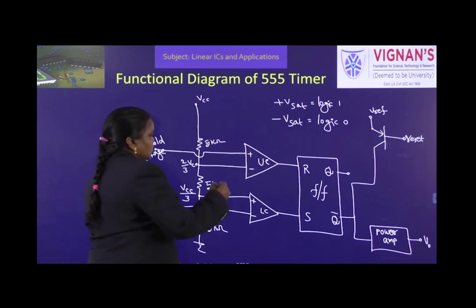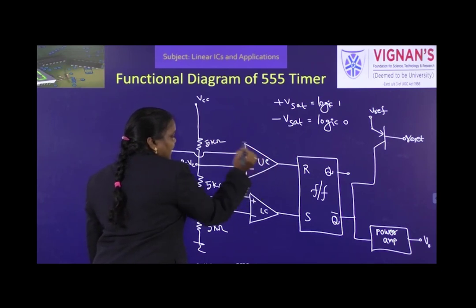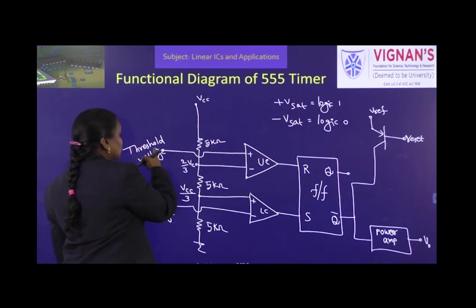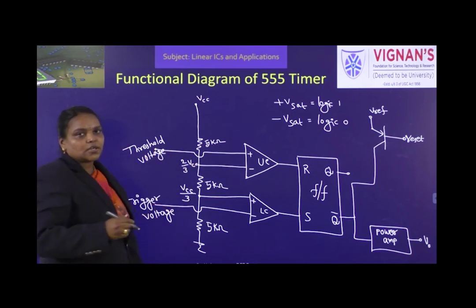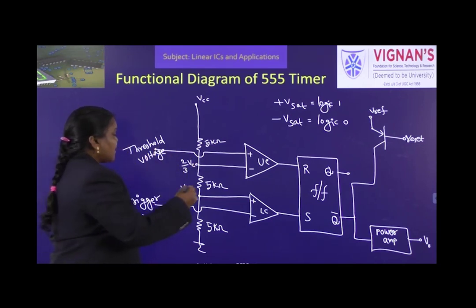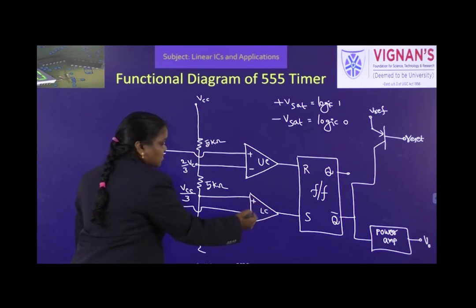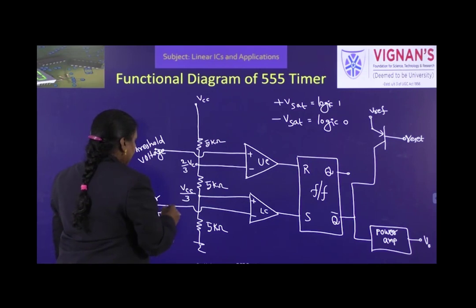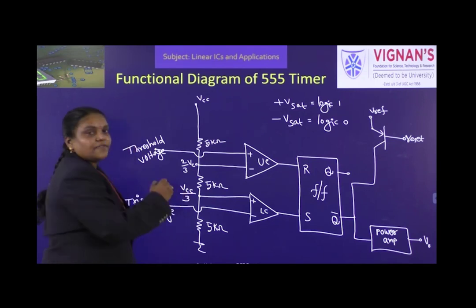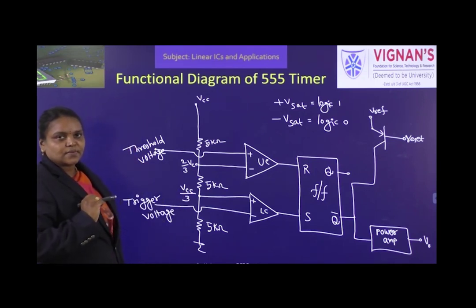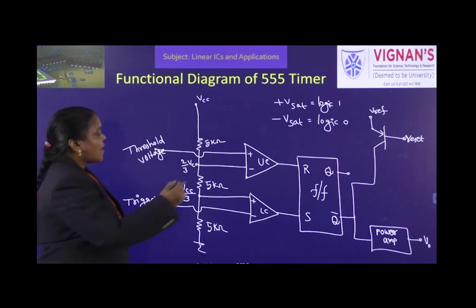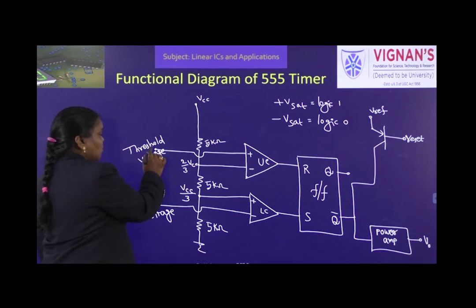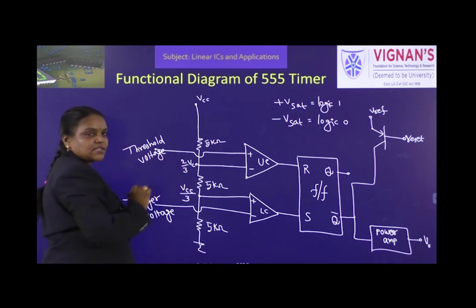Okay. So the upper comparator gives logic high output when the threshold voltage crosses 2/3 of VCC. And the lower comparator gives logic high output when the trigger voltage is less than 1/3 VCC. Similarly, the upper comparator gives logic 0 output when the threshold voltage is less than 2/3 VCC.